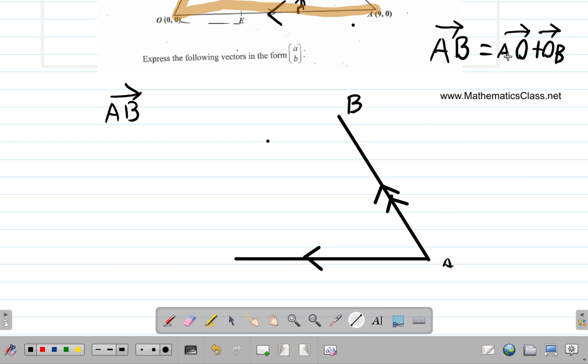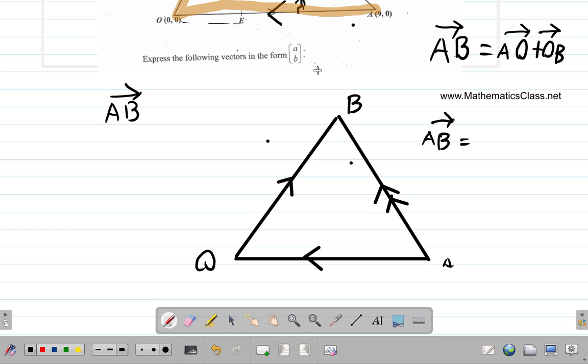It's AO, from A to O, plus O to B. See that? So, since AB is AO plus OB, you can say AB equals. Remember, they want you to have it in the form of a column vector.